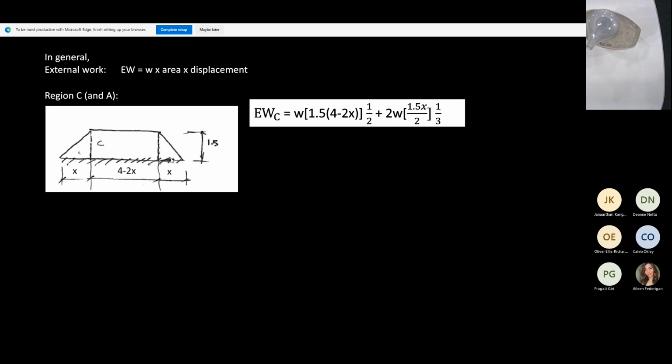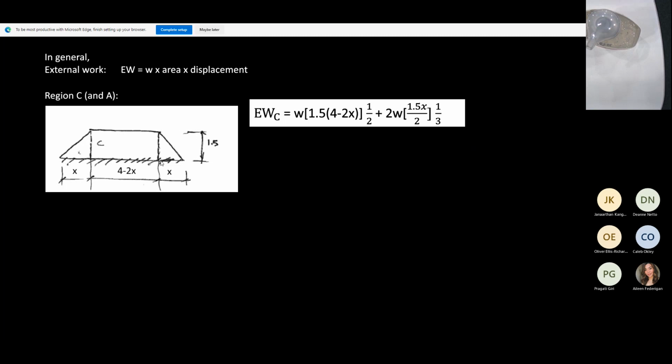If I start with the C, so what do we have? Okay, let's do the rectangle. What's the area for the rectangle? 1.5 times 4 minus 2x, okay? Times displacement. Remember, the maximum displacement is 1 here, isn't it? So at the centroid, it's 1 over 2, okay? Plus the area of the triangle.